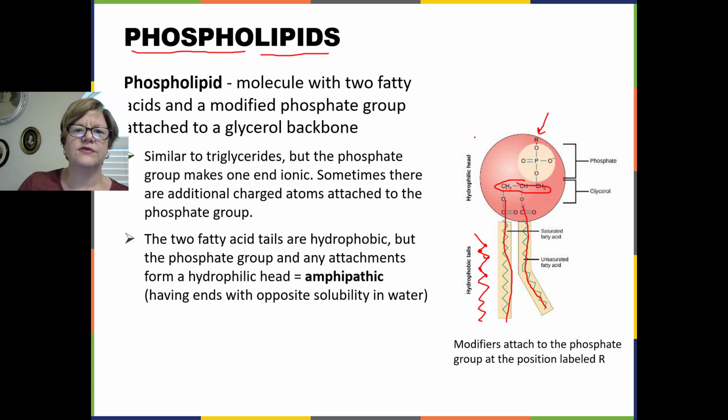And that creates something really interesting, because you remember that phosphate is acidic and will ionize. It means it takes a charge, and that makes it very hydrophilic. And so this part of the molecule, the part that has the phosphate, is very hydrophilic. But the rest of the molecule is very hydrophobic because it's all hydrocarbon.